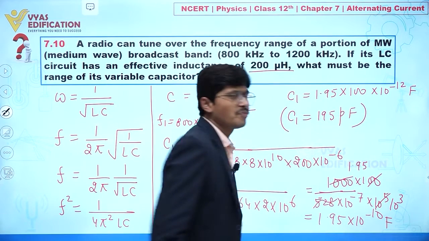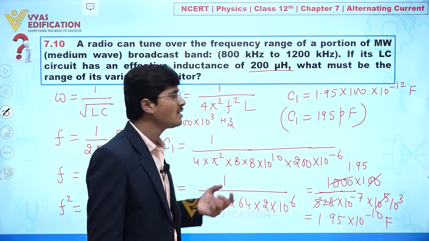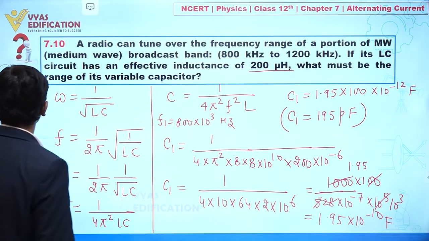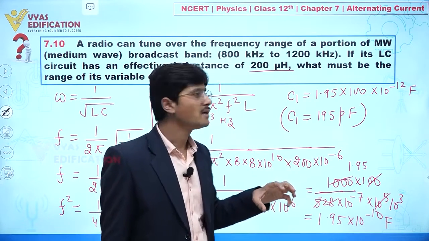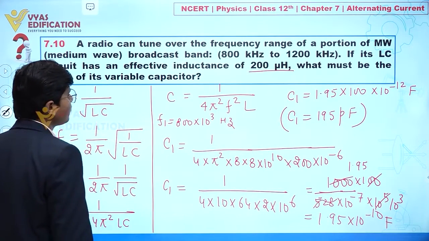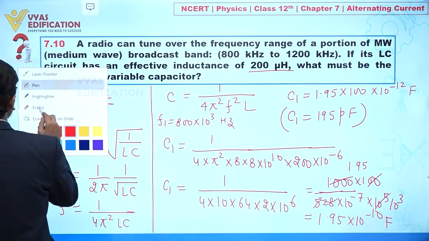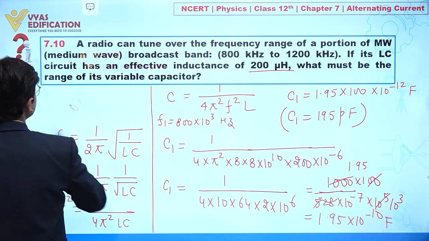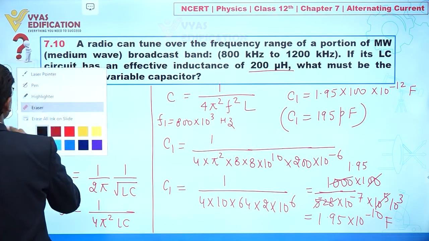So we are getting this value of capacitance for this frequency range. Now, can we calculate the same for the next one? Yes, I am writing this value first here so that we can see the capacitance range.